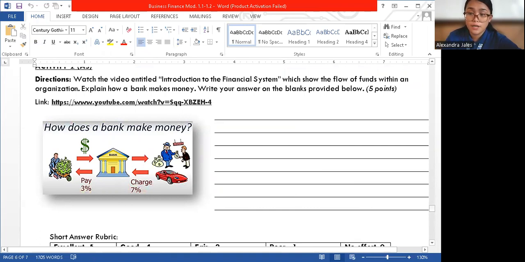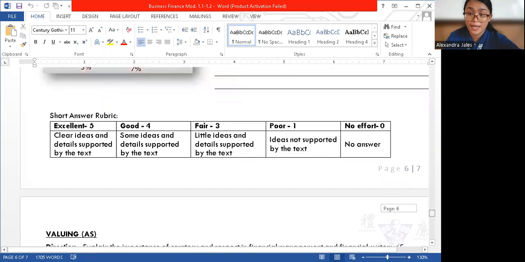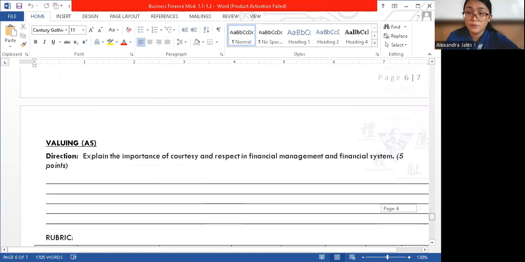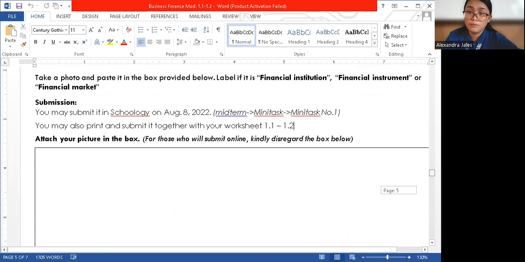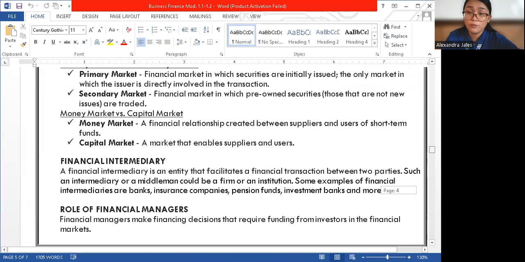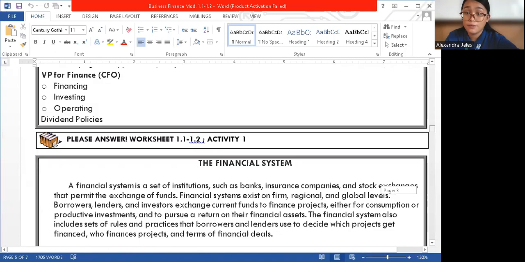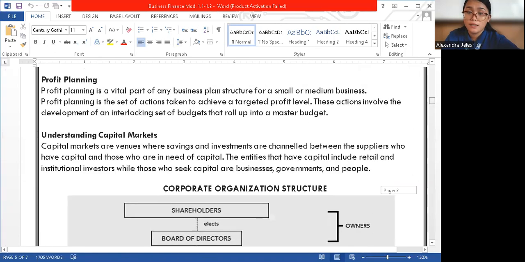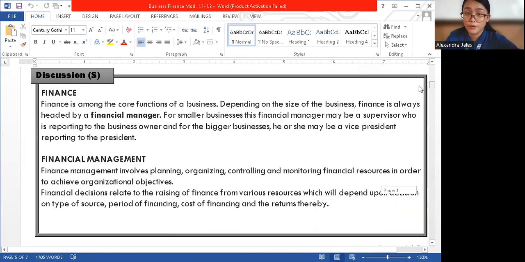And just prepare for your quiz next meeting. Again, do not forget you will have your quiz next meeting. That would be your module 1.1 to 1.2. Take note, study your financial system, the individuals involved in your financial management, and of course, your financial management.